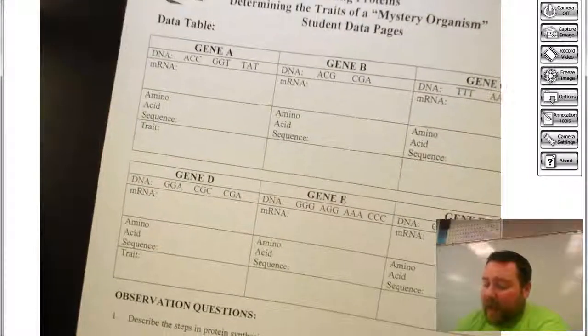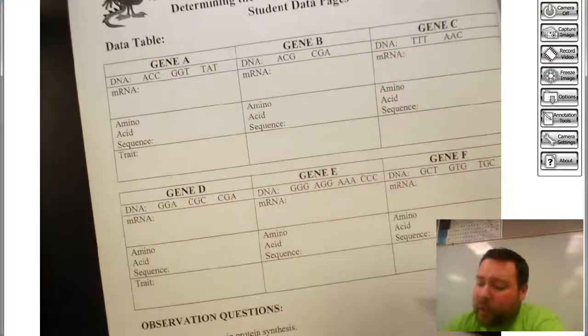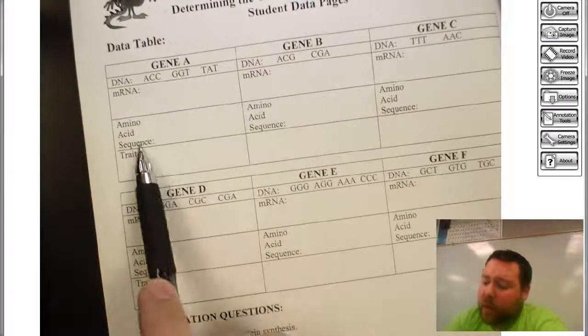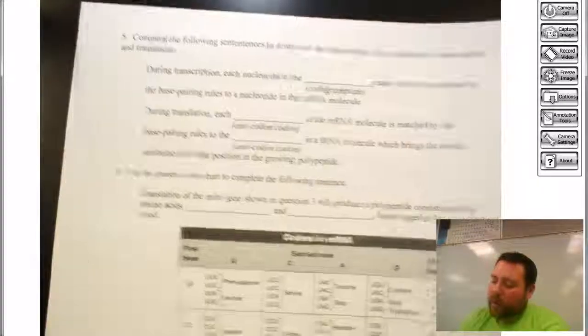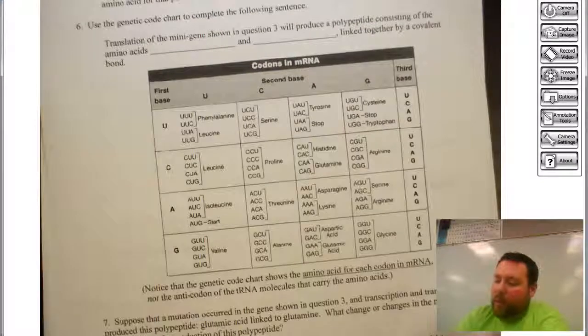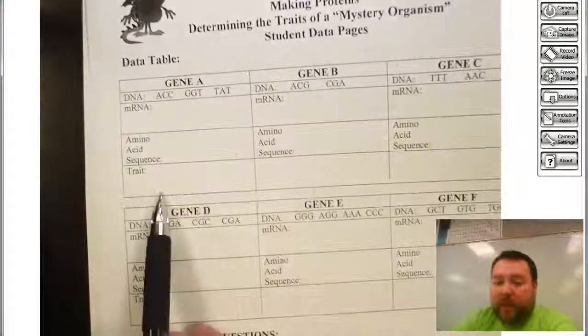And so what I'm really looking for you to do is get through the back of this front page, and I just want you to kind of look at what those pieces are, determine what your messenger RNA is, use your codon chart to determine what amino acids are going to be here, and then that way you can figure out what that trait is going to be.